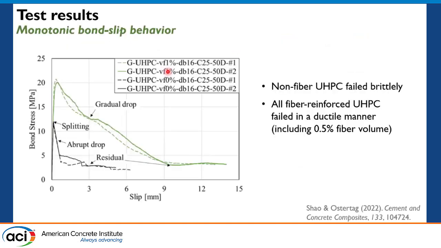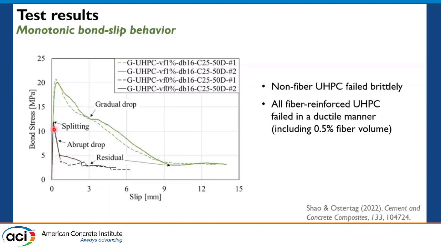Now we can look at a few representative test results. First, let me present the monotonic bond slip behavior. We see 2 types of bond slip behavior. The black lines here represent the bond slip behavior of UHPC without any fiber, so the fiber volume is 0.